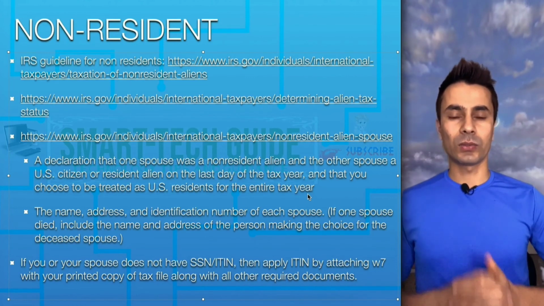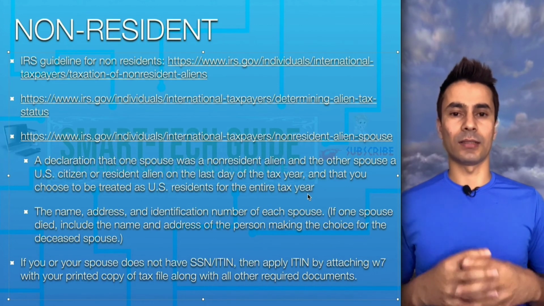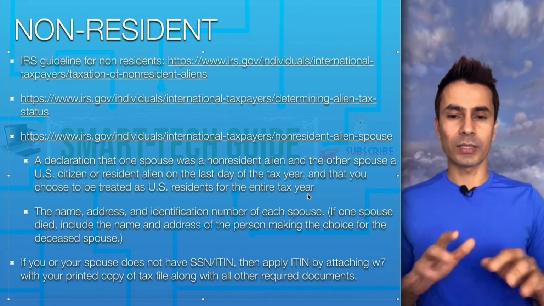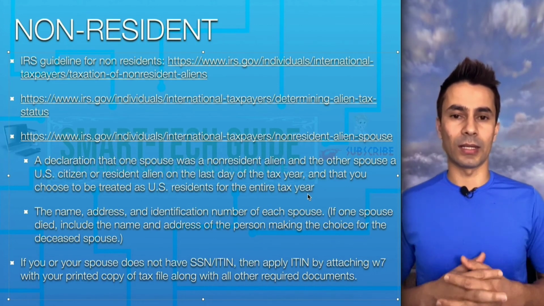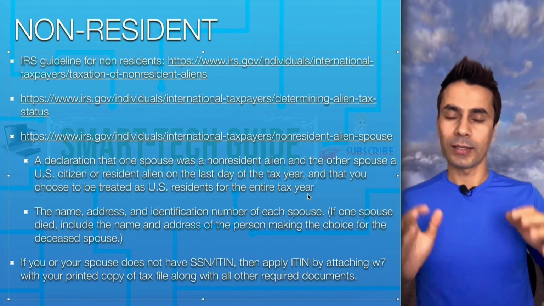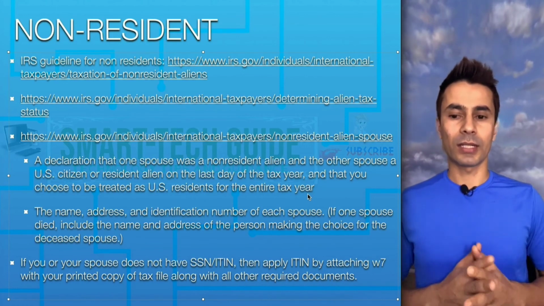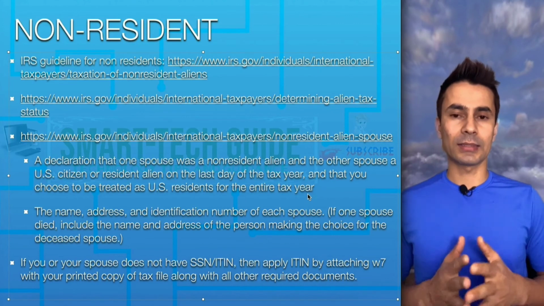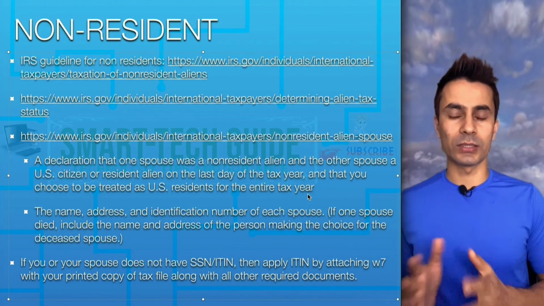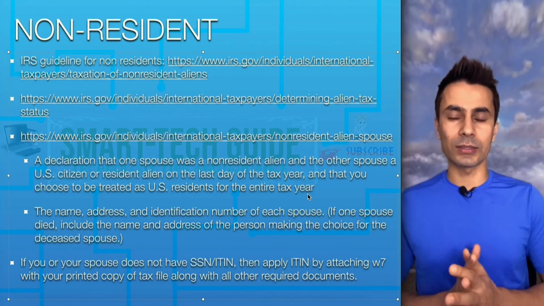And go to irs.com and find W7 form. You can just Google it, W7 ITIN application form, and then you can download it, fill out that form, and attach it with the 1040 and all the schedules together.